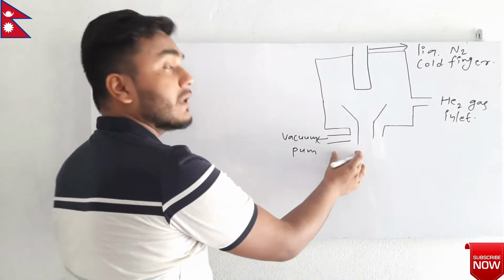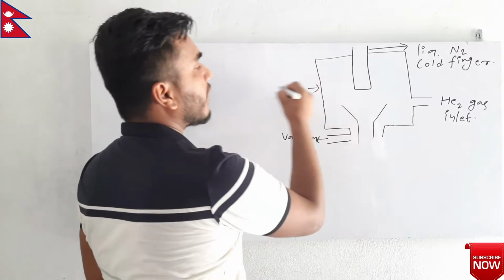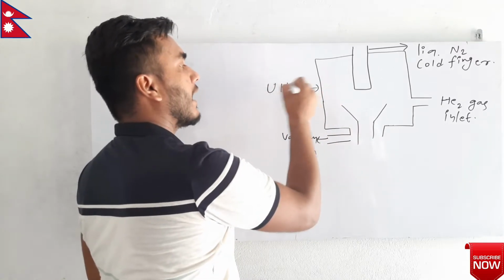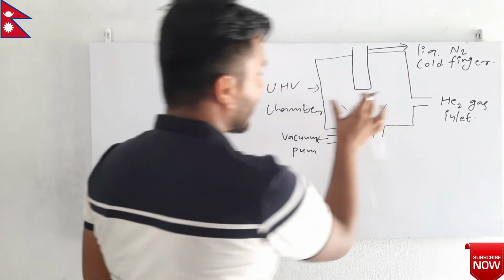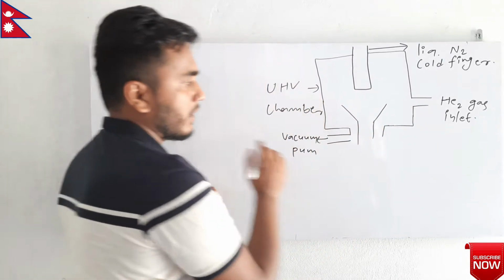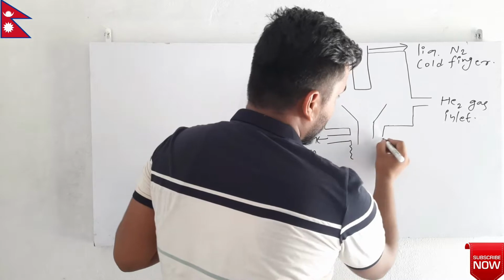This vacuum pump helps to create ultra high vacuum inside this chamber. So this chamber is called ultra high vacuum chamber.